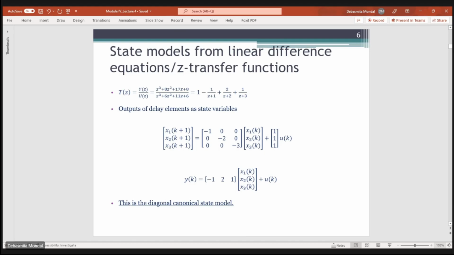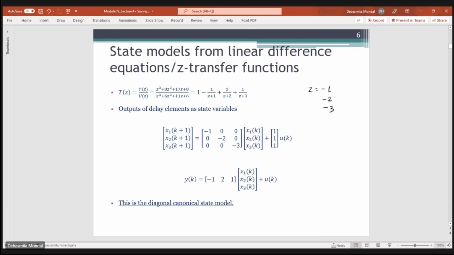So here the roots of the denominator polynomial are z equals minus 1, minus 2 and minus 3. So we will have minus 1, minus 2, minus 3 as the diagonal elements, and all the other elements will be equal to 0, right? And similarly, the matrix B will be an all-ones matrix.